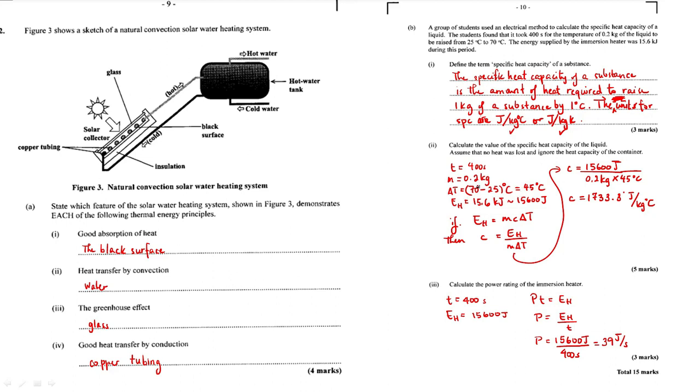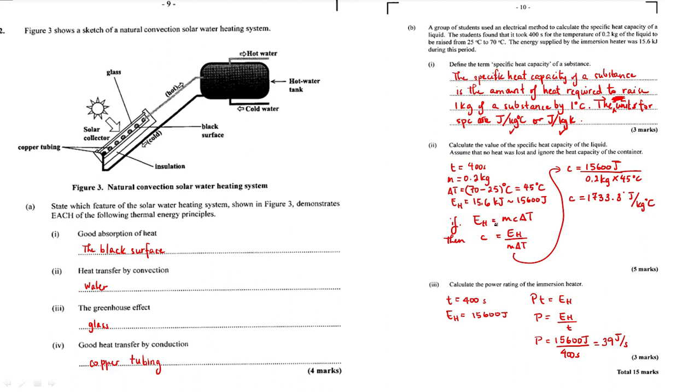So to avoid scaring you off, subtract the cooler temperature from the warmer temperature, and then we have the heat required to raise the system by 45 degrees Celsius. Heat required was 15.6 kilojoules, and converted is 15,600 joules. You get rid of the kilo by multiplying by 1,000.